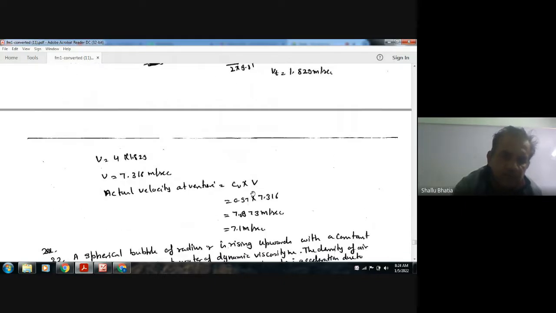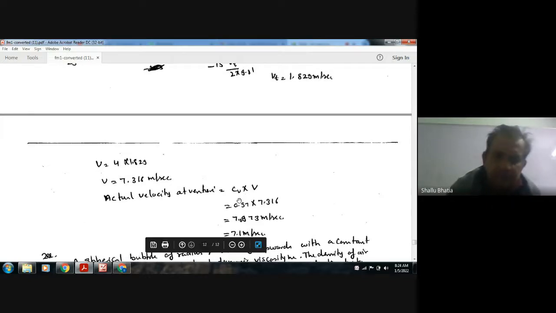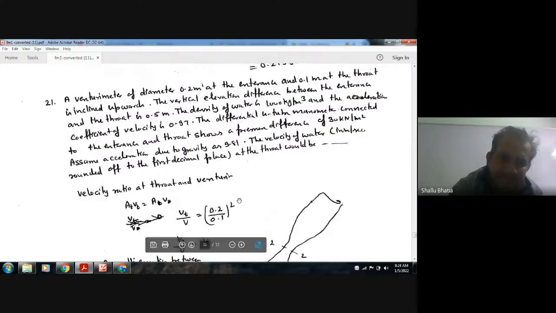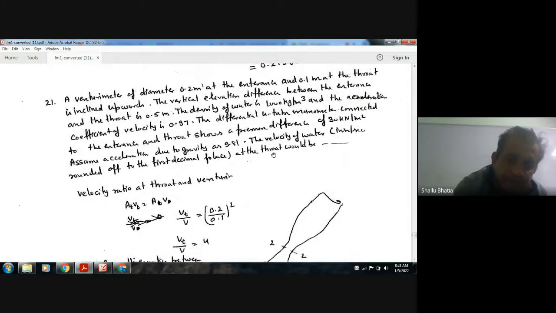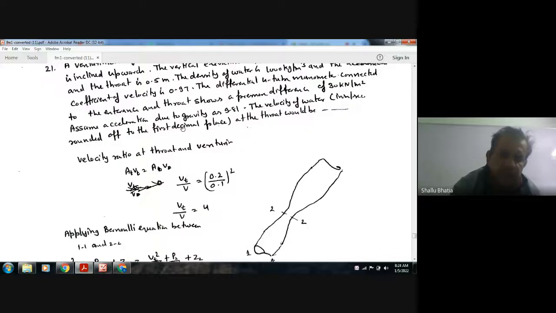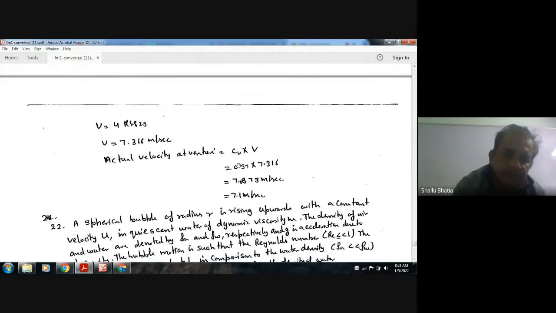This is the ideal velocity, because we haven't considered head loss or anything else. The actual velocity is 0.97 into V, so this is 7.1.